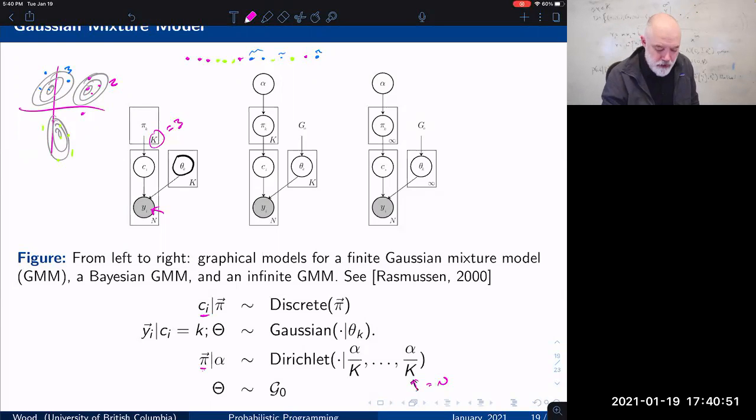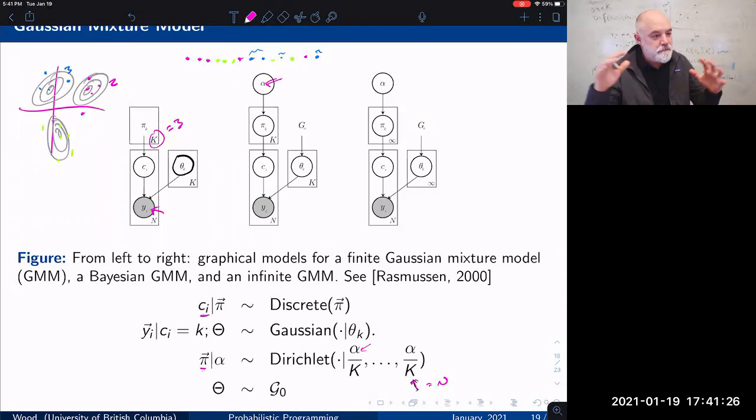There's a slightly more advanced story, which is to say that if you also do inference over this alpha parameter, which is how strongly you impose your prior belief that there are k clusters, then by doing inference over this alpha parameter, you will learn to concentrate on either a small number of clusters or a large number of clusters.